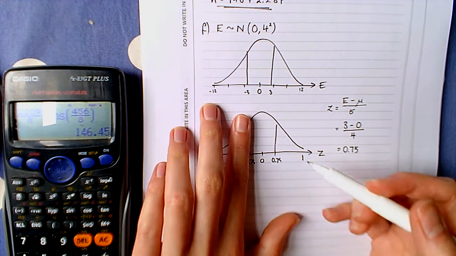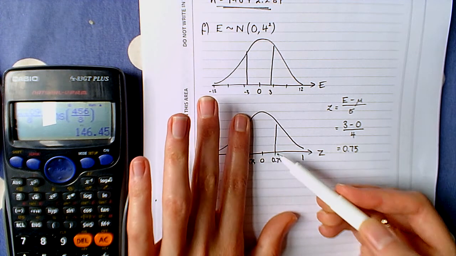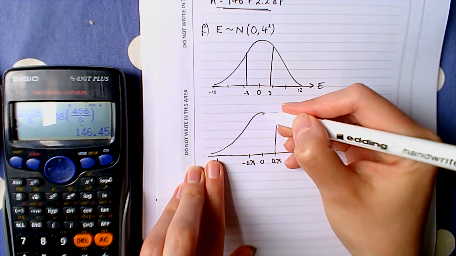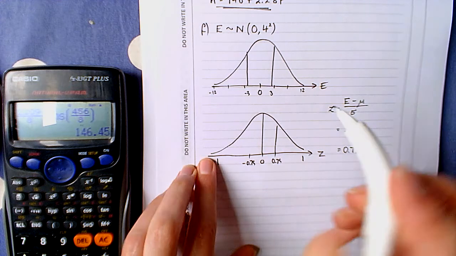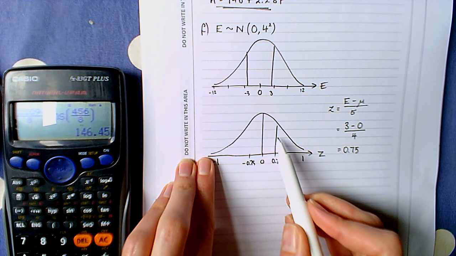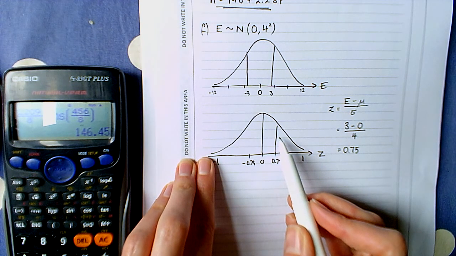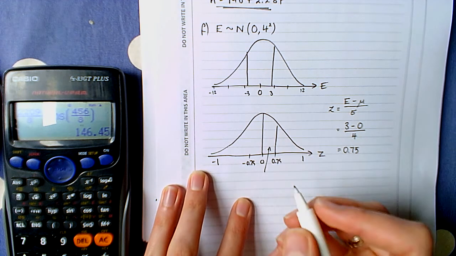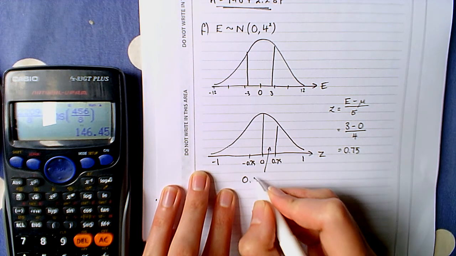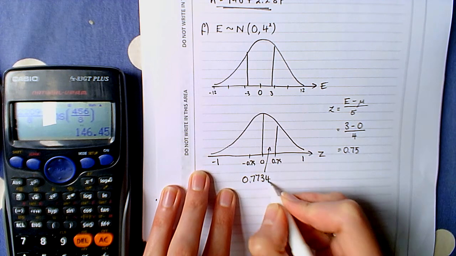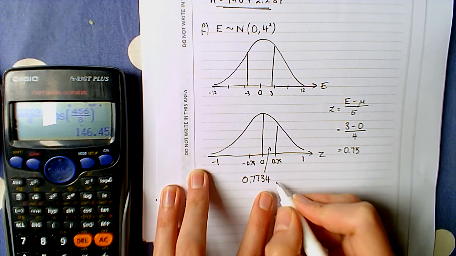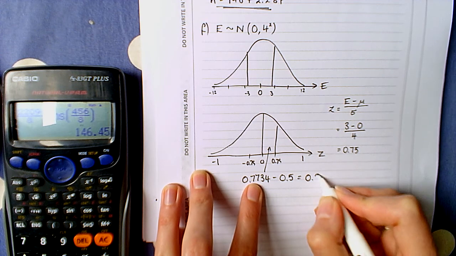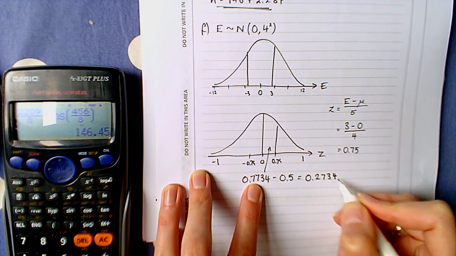Now I want to know altogether about this gap. There are a few ways you could do this, but one of them would be to find out just this section by saying that if all the way up to here is 0.7734 and then up to here is 0.5, then I can work out that section by doing 0.7734 by looking this up in the Z tables, and then subtracting off 0.5 to give me 0.2734.